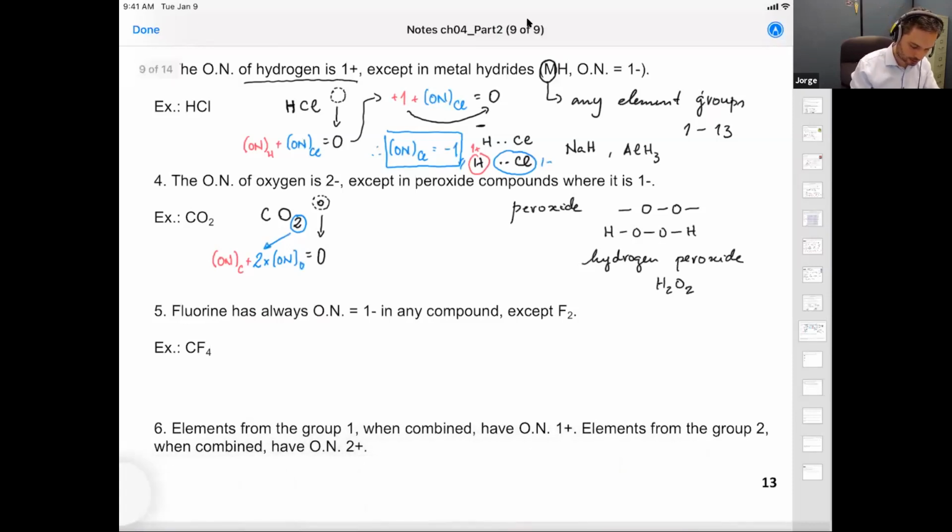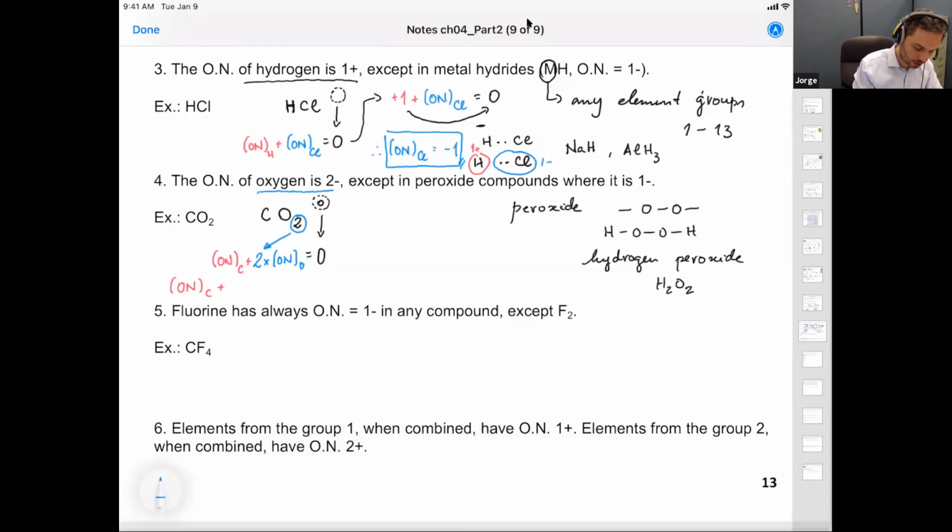Okay, so let's continue here. We know the oxidation number of the compound, which is 0. We do not know the oxidation number of the carbon, but we know the oxidation number of oxygen.